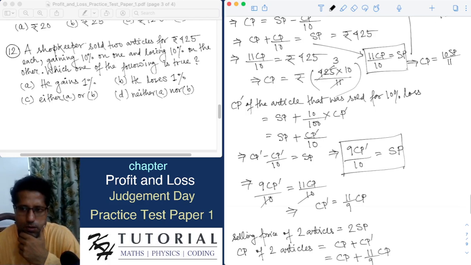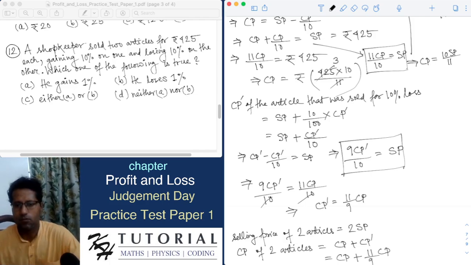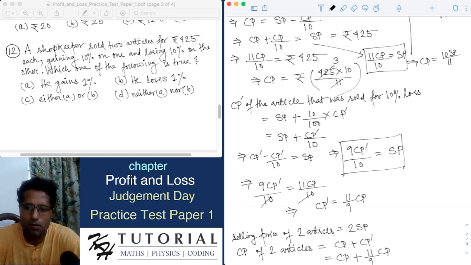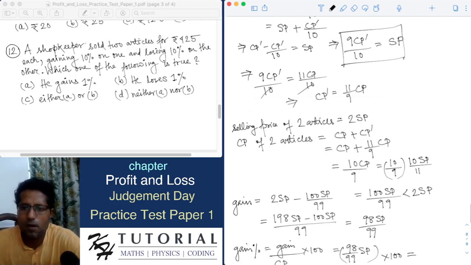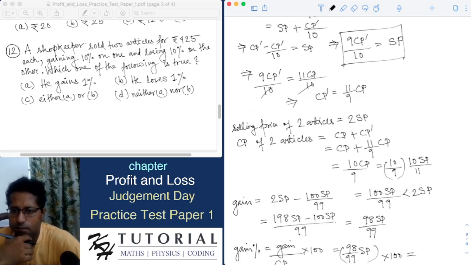So 9 CP dash by 10 equals 11 CP by 10. The 10s cancel, so 9 CP dash equals 11 CP. So CP dash equals 11 by 9 CP.